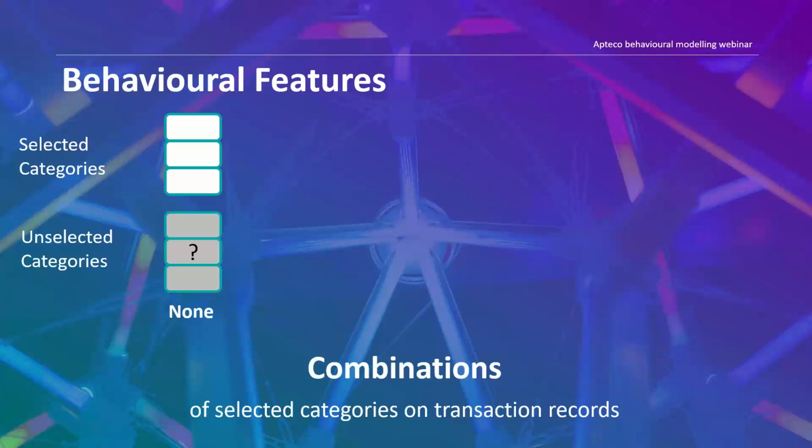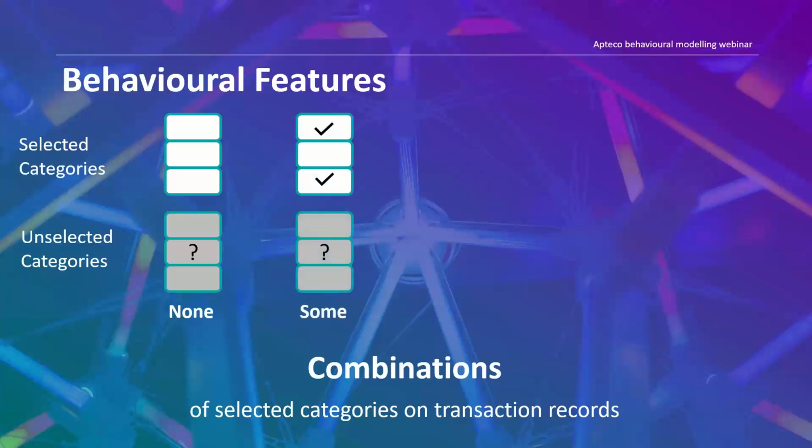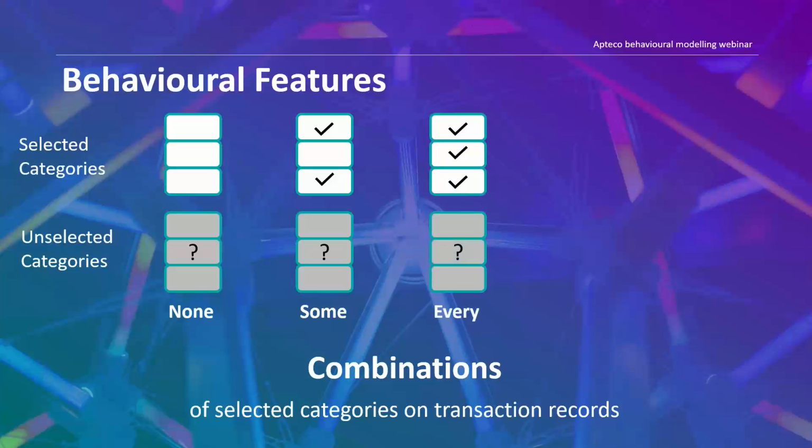They may have other unselected categories, but they've not got any of the ones we're interested in, or some of the selected categories where they may have one or more of them, and they may have other unselected categories, doesn't matter. Or we may ask them to have every one of the selected categories, and they still may have others that we don't care about, not interested in for this feature.